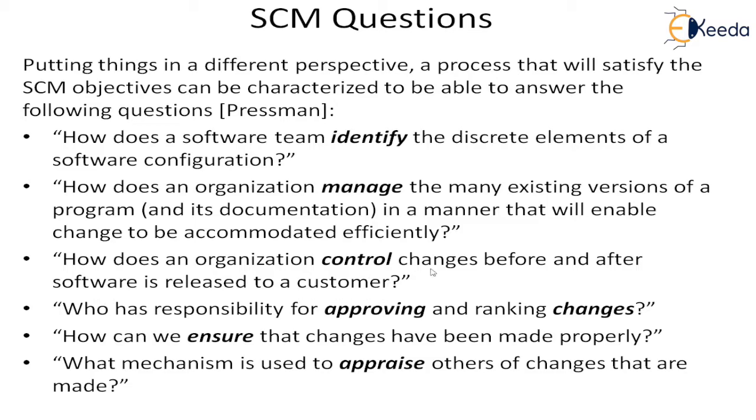That means when it is in development, that time also we have to control, because there will be so many changes during the development, and after the development is over and it is released, then also there will be maintenance, so there will be changes. How the organization does that will determine the SCM objective and subsequently its processes.